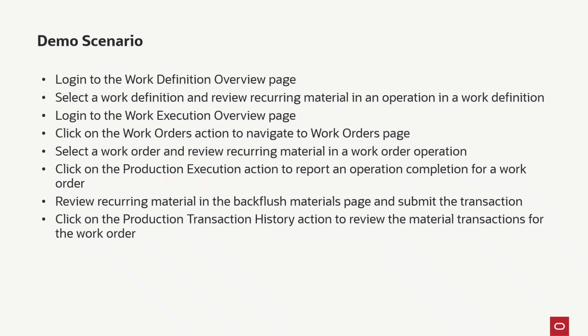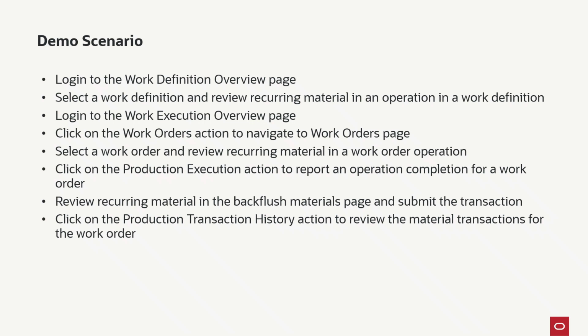Now let's walk through a short demo of this feature where we will see how you can issue an item multiple times in an operation for discrete manufacturing work order. First, we will log into the Work Definition Overview page. We will select a work definition and review recurring material in an operation in a work definition. Next, we will log into the Work Execution Overview page.